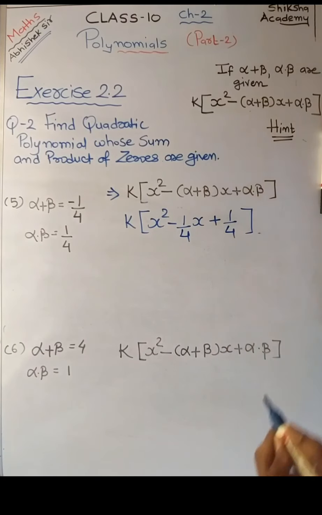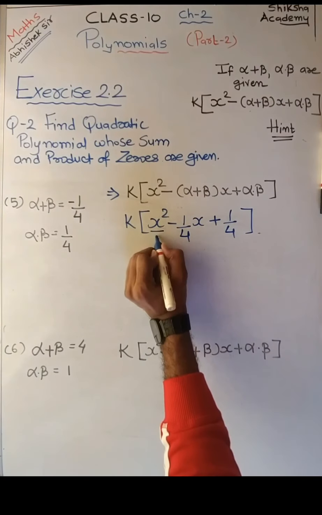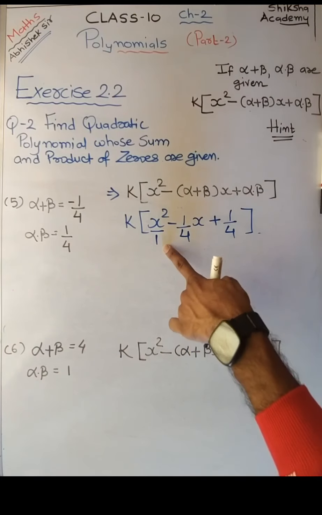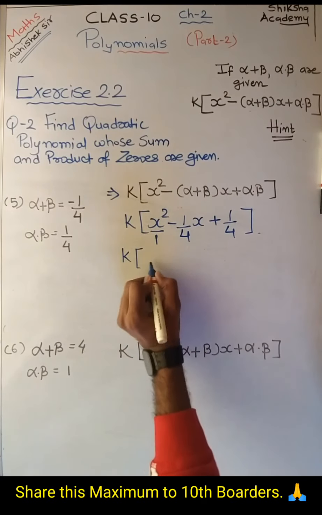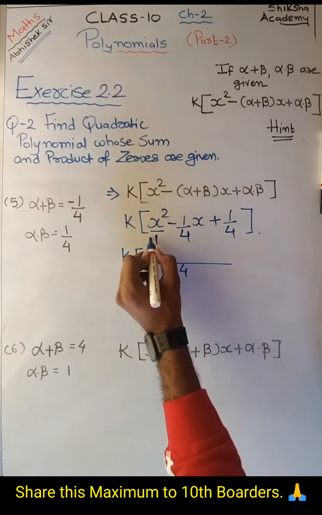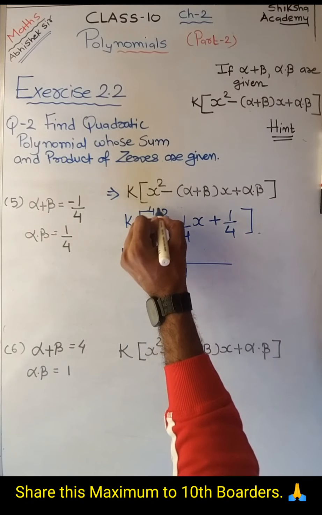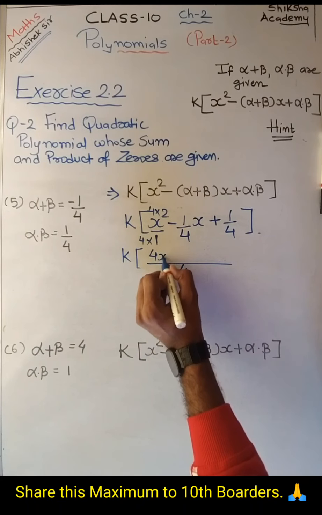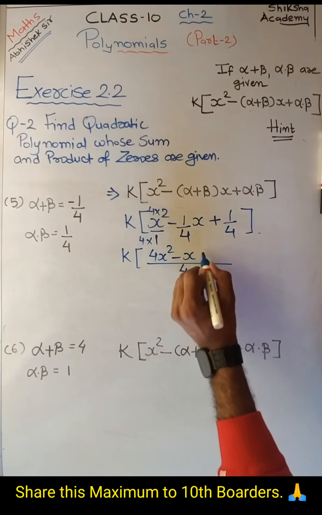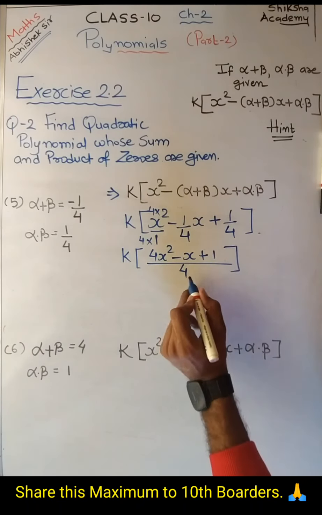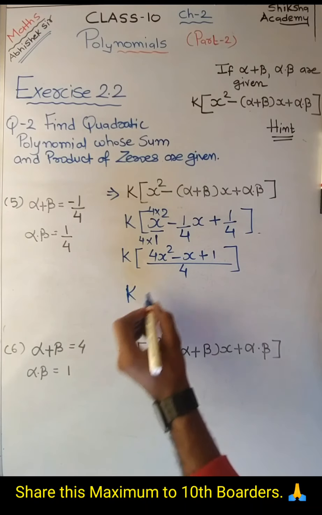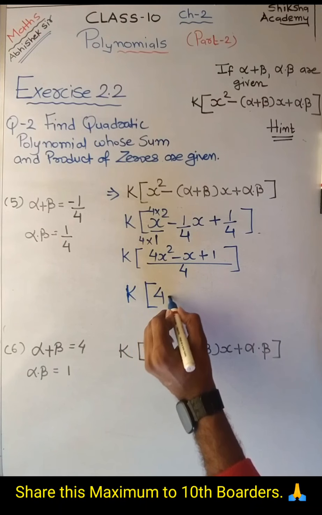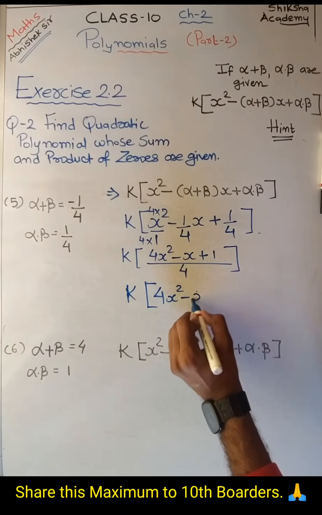So it is similar to the first question, just the difference is we'll have to put upon 1 over here and then we'll take LCM. So it is 4 as LCM, we'll have to multiply the first term with 4. So it will give 4x square minus x plus 1. Taking this 4 outside and considering that as constant, we will have the final equation as 4x square minus x plus 1.